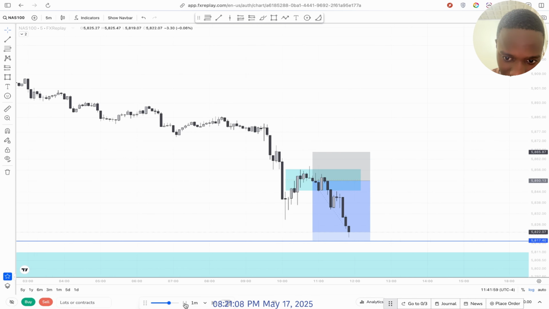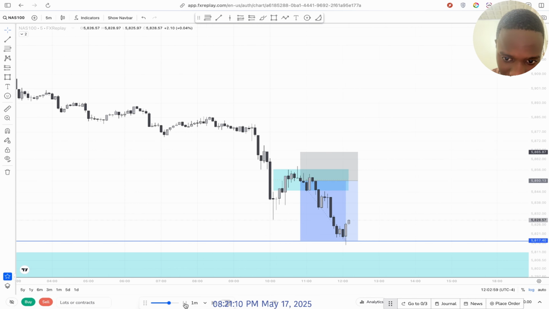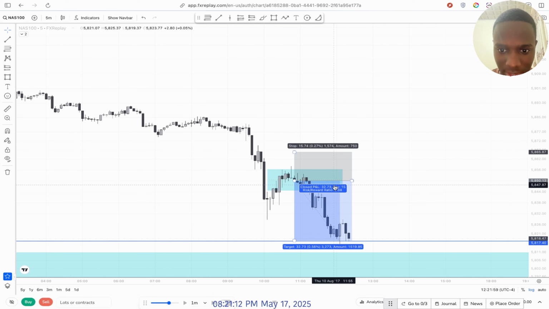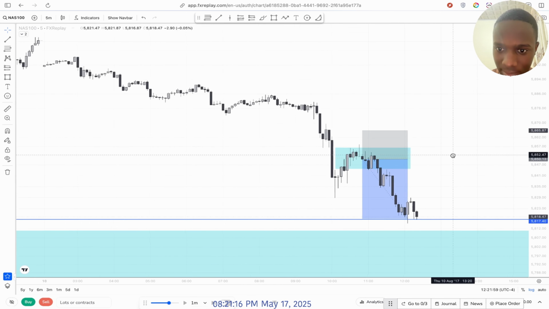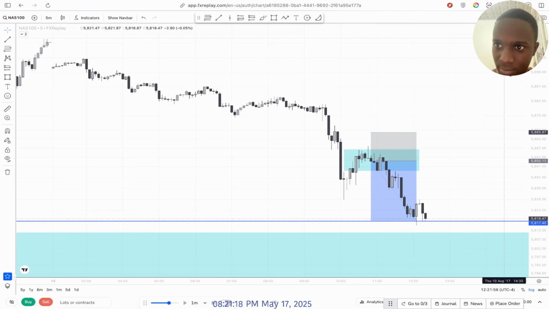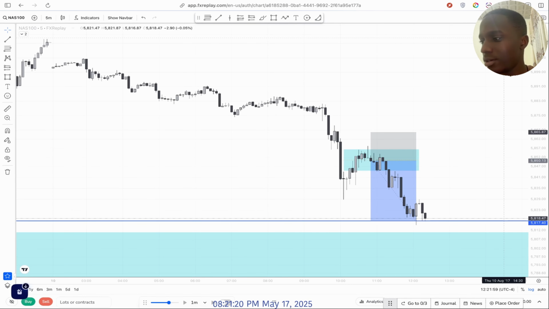So you can see that we're dropping, and in the end TP was hit, good 2R right here. So now we can start to look for other entries.